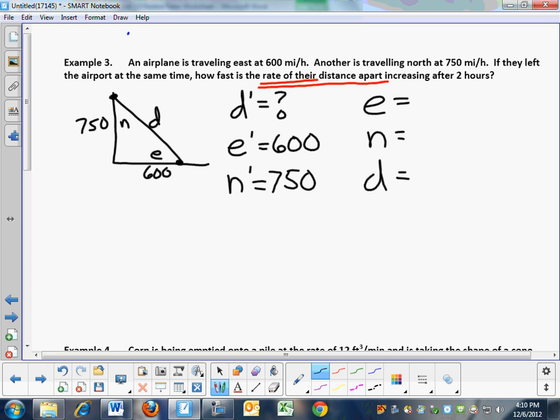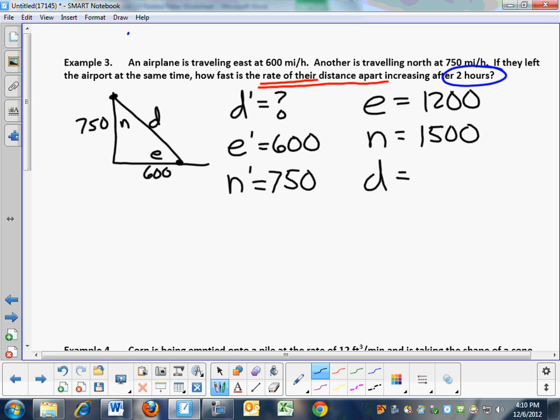I do. It says it's been traveling for 2 hours. So at a time of 2 hours, if it's traveling 600 miles an hour to the east, it would be 1,200 miles. If it's traveling 750 miles an hour to the north, it would be 1,500 miles.